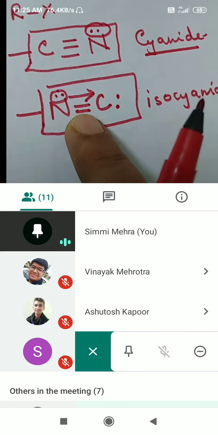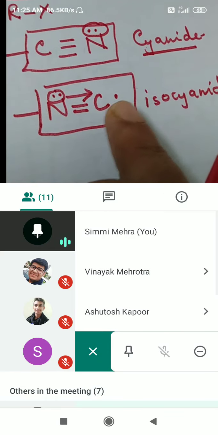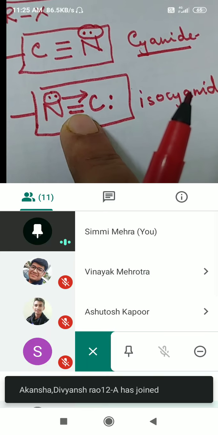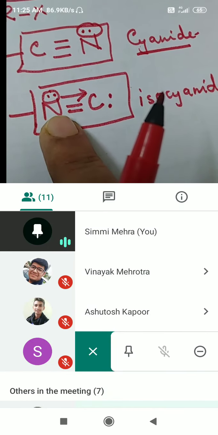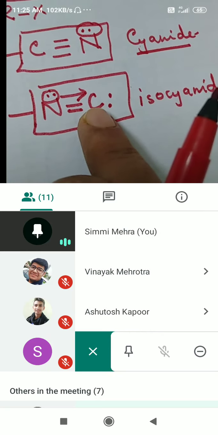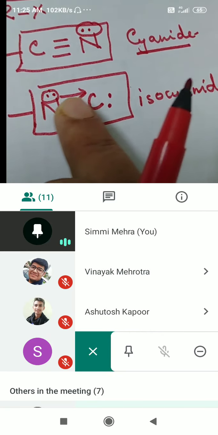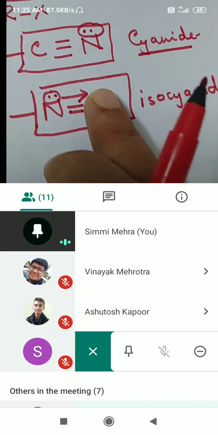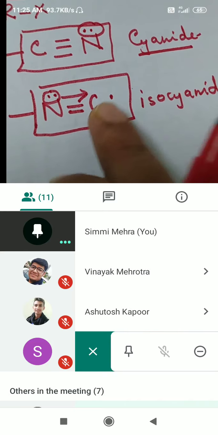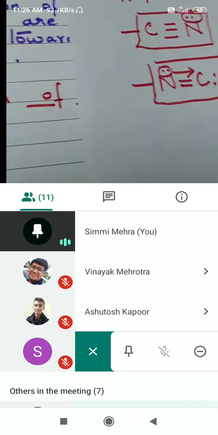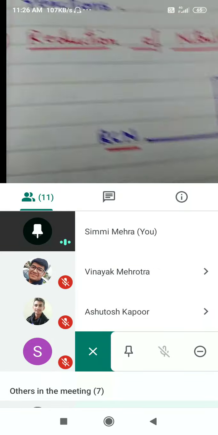Here nitrogen is forming 3 bonds, carbon is forming 2 bonds only. Because nitrogen can form maximum 3 covalent bonds, but its octet is not complete. 1, 2, 3, 4, 5, 6. So it is going to accept 2 electrons from here in the form of a coordinate bond to complete the octet. This is isocyanide.